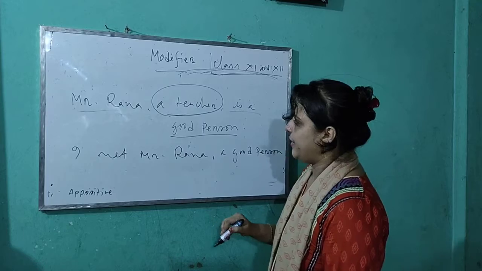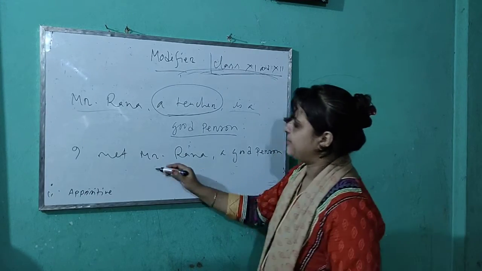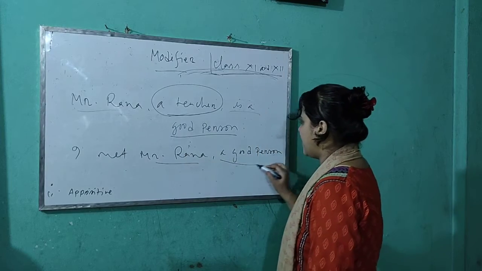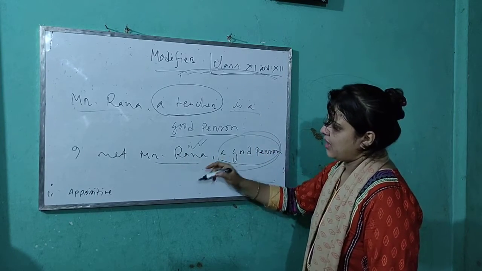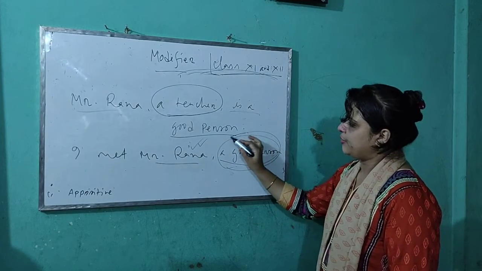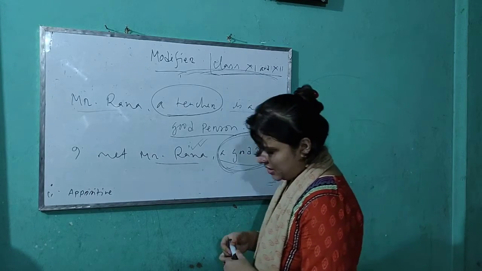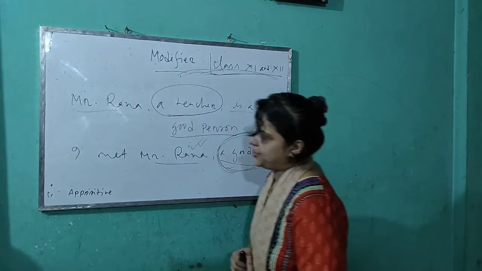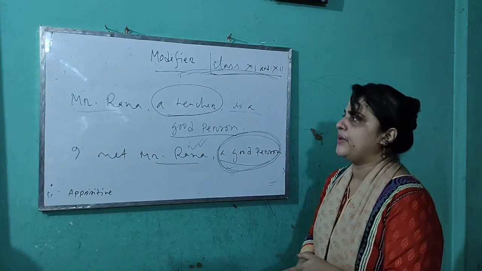You can use it after the object also, like I met Mr. Rana. Who is Mr. Rana? A good person. So this is extra information about Rana. So I have used a modifier after this object. This is called an appositive. So an appositive can be used after the subject or after the object. Okay, it may be a noun or it may be a pronoun.